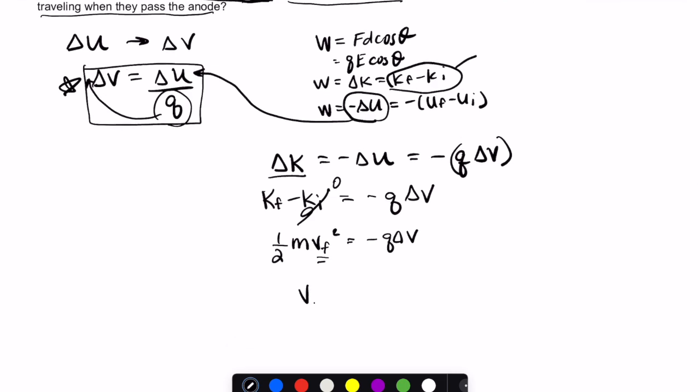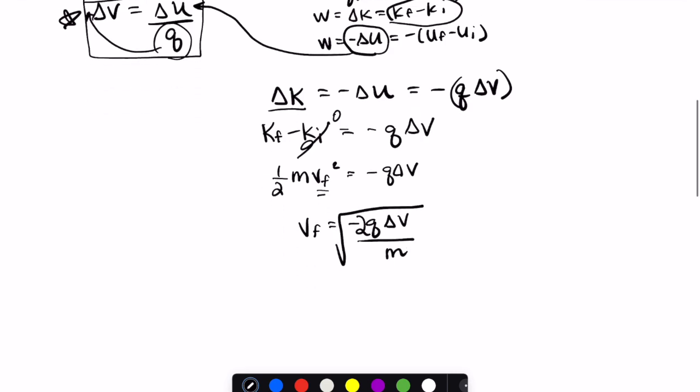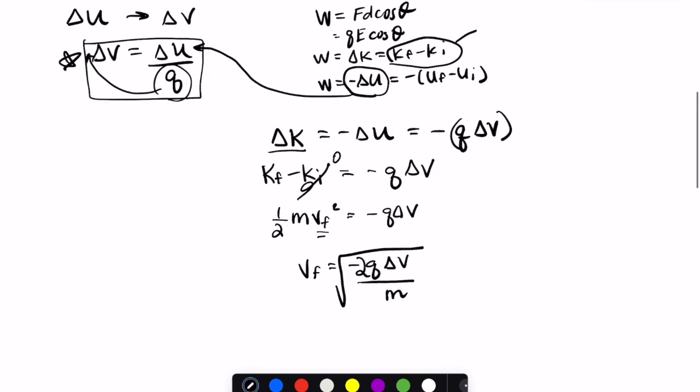So let's solve for VF. And there's a square root there. And you may be wondering, we have a negative sign under the square root, but that's okay because we have a couple places where we could have a negative sign come into play to negate that first negative.